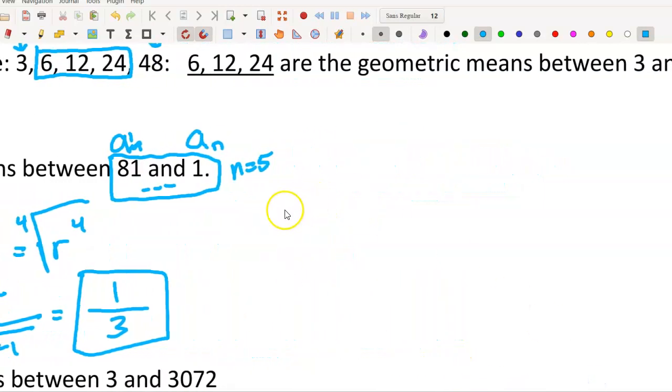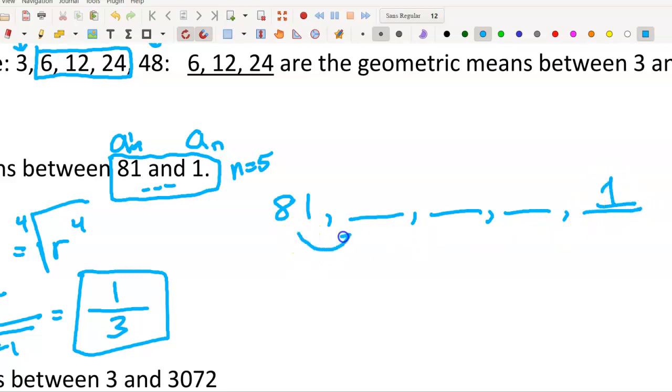And then we can actually get the numbers now. So we got 81, then 3 numbers, and if I divide 4 times, I should end up with 1. Multiply by 1/3, I get 27. Multiply by another 1/3, I get 9.